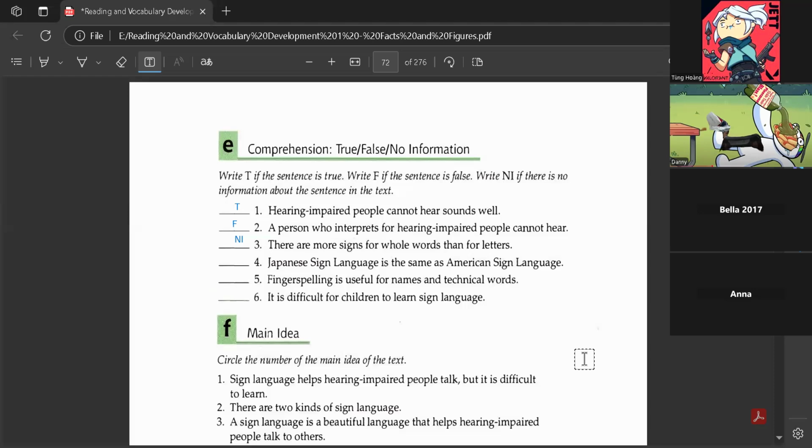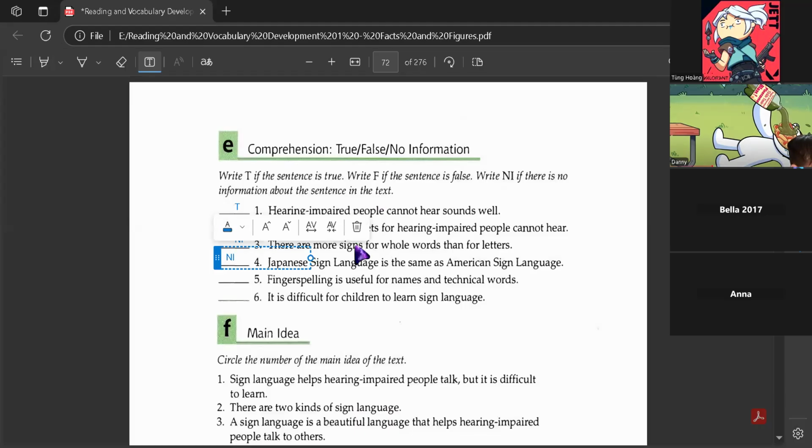No. So if the information is not in the text, it should be no information.